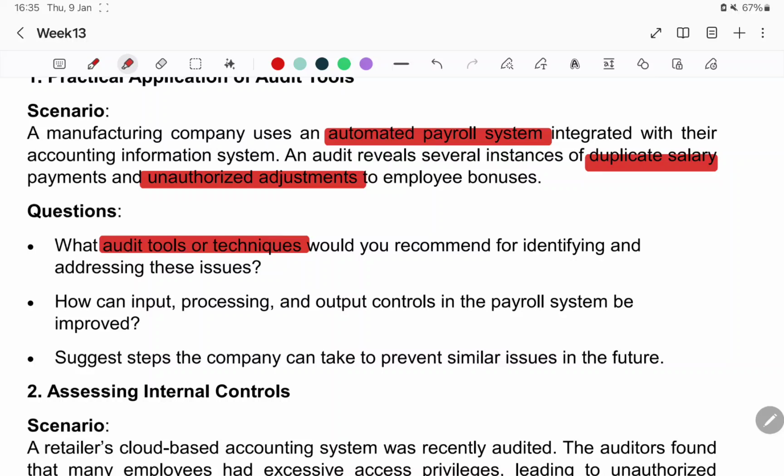So what audit tools or techniques would you recommend for identifying and addressing these issues? What you can suggest is data extraction, right? You can extract the data from the system and then check whether there's a duplicate payment or not.